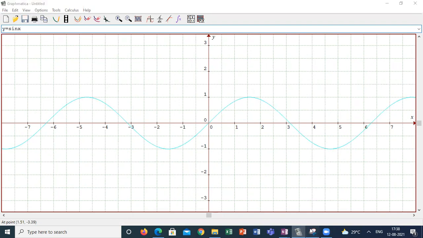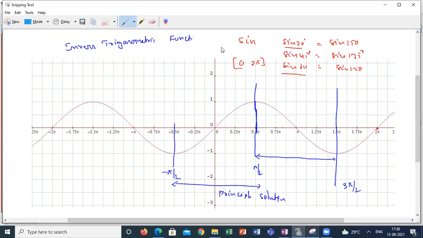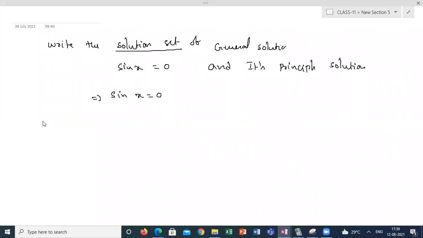The solution set means the general solution. The general solution means the set of all possible values. How can we write it here? The solution set of x is 0, plus or minus pi, plus or minus 2 pi, plus or minus 3 pi, and so on.